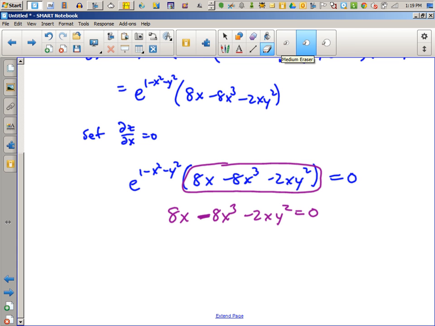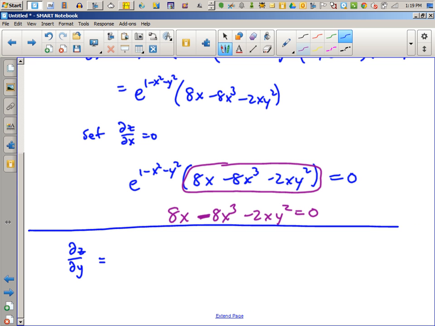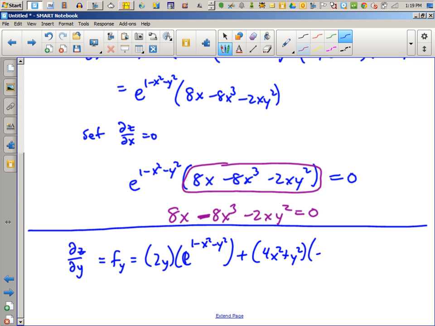So now let's look at dz dy. Might want to draw a big line here. First calculation is done. Okay, dz dy is again product rule. We can call it fy if we like. And it's 2y e to the 1 minus x squared minus y squared plus (4x squared plus y squared) e to the 1 minus x squared minus y squared times negative 2y.